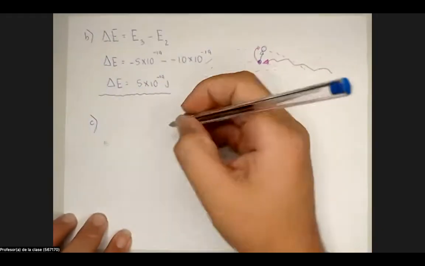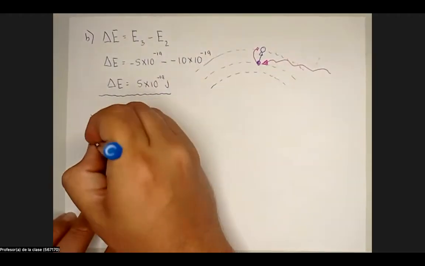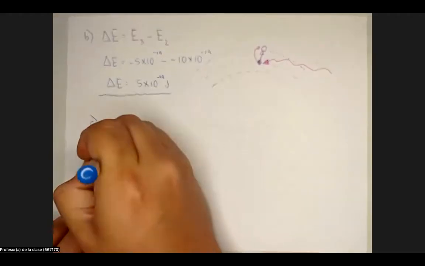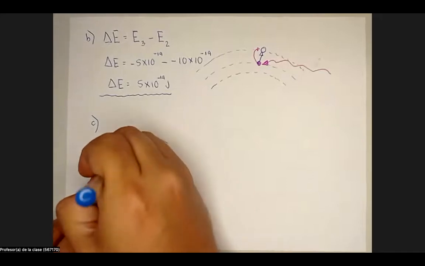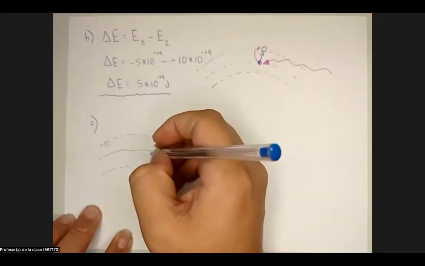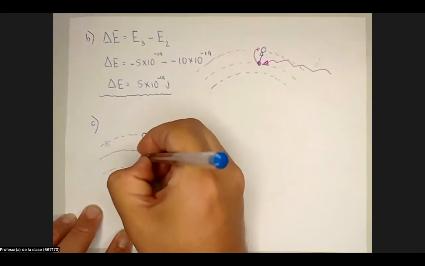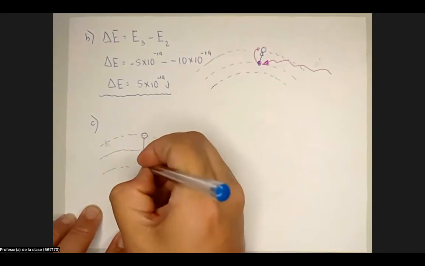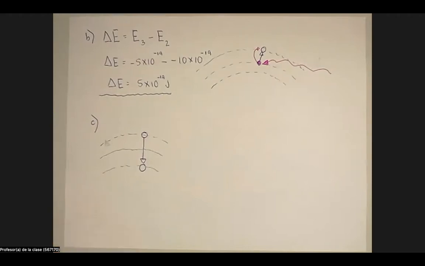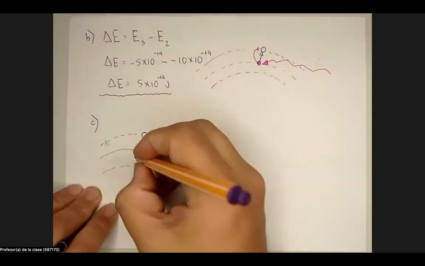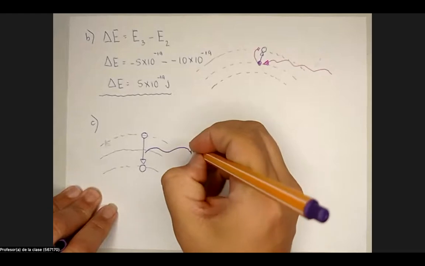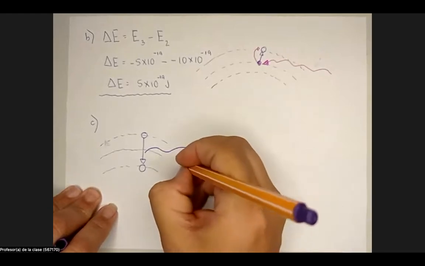Okay, so here I am on the third level, the second level, and the first level. And here the electron is going to the ground state. So if we pass an electron from the third level to the first one, a photon is emitted.